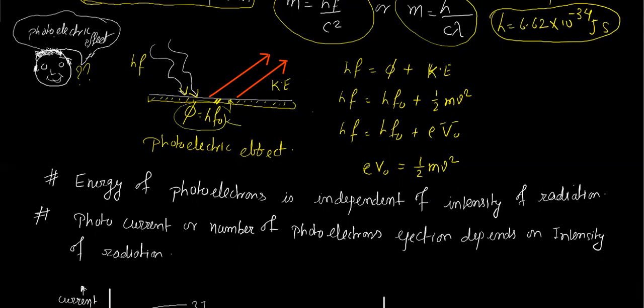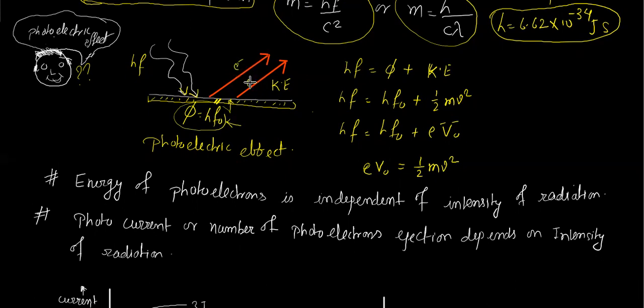This expression is used to represent the threshold energy, where f naught is its threshold frequency, and the rest of the energy is utilized in the form of kinetic energy of the ejecting electron.